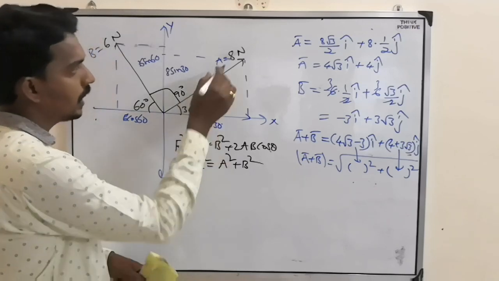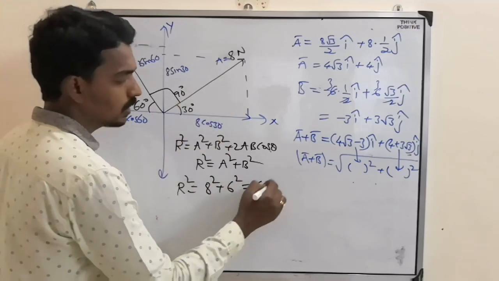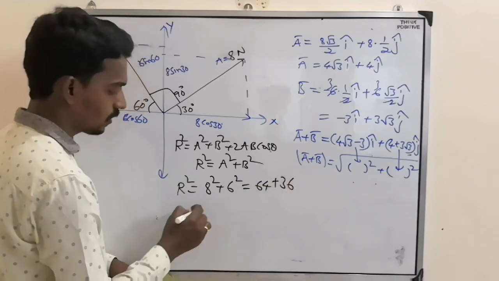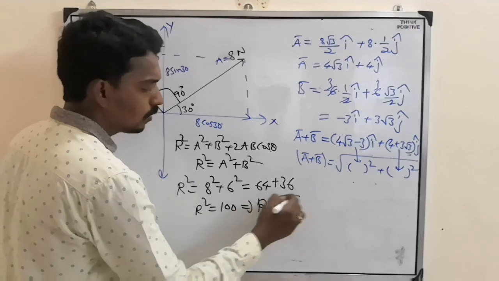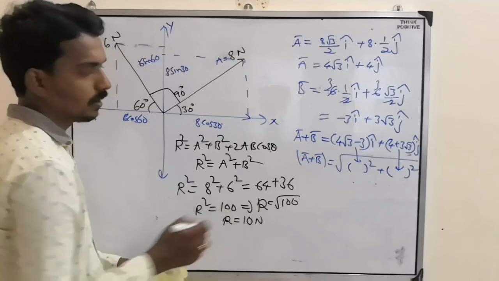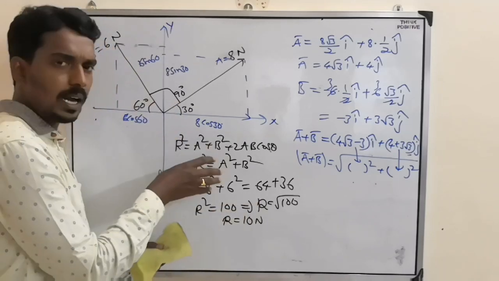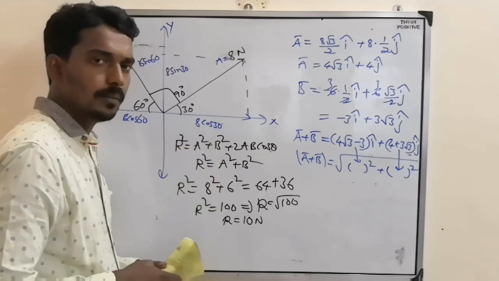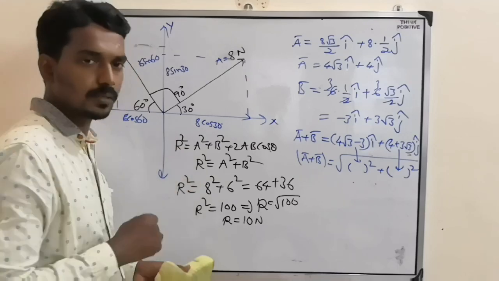R square equals 8 square plus 6 square. So 64 plus 36, how much? 100. So what is R? Under root 100. So what is the magnitude? 10 Newton. So this way, using this formula gives us a simplified solution sometimes.